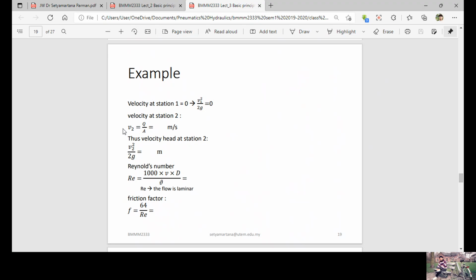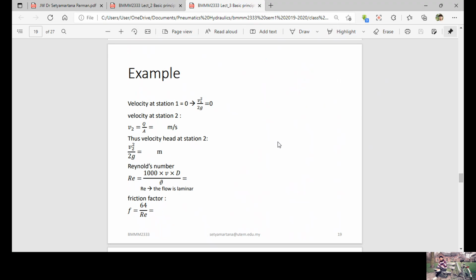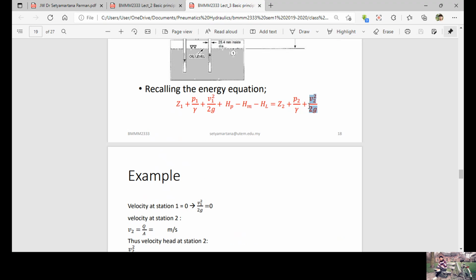After knowing V2, we can calculate V2 square over 2G. The unit is in meter because this is an equation in head.